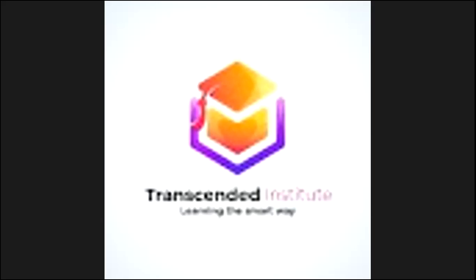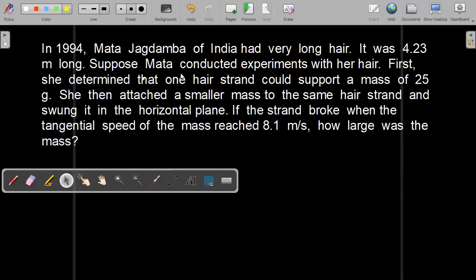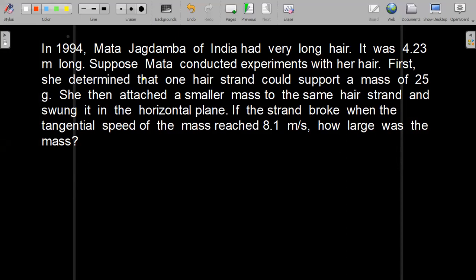Are we able to see the question? I'm able to see now.